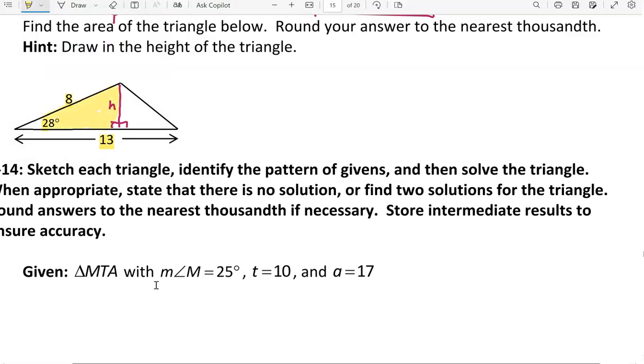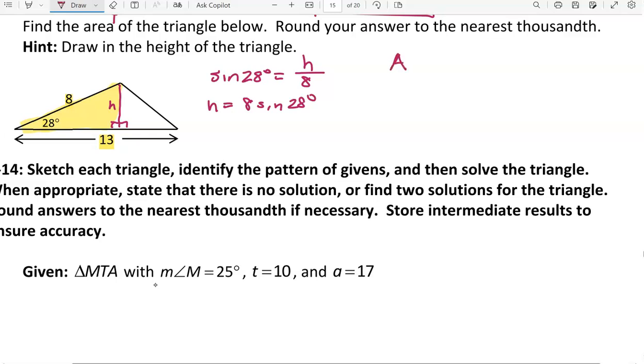We're going to consider that highlighted triangle, and for that right triangle, we can use SOHCAHTOA. So the sine of 28 degrees is equal to h divided by 8. That's opposite over hypotenuse. So the height is 8 times the sine of 28 degrees. Let's leave that in exact form since it's not a final answer.